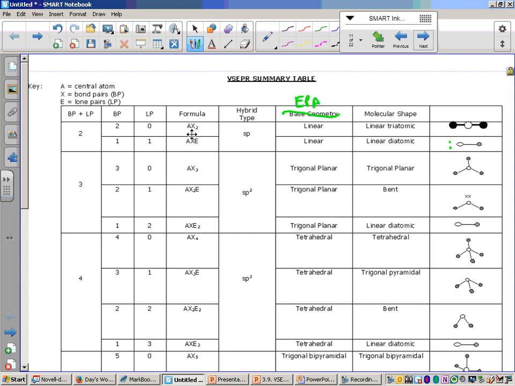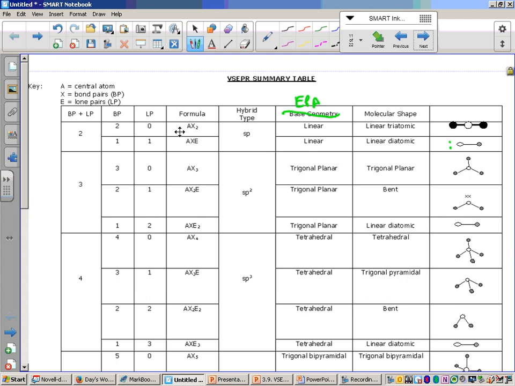Let's just go back for a moment here and take a look at this formula notation. This describes a general formula. Notice here A represents the central atom, X represents a bond pair, so like atom X, and then E represents an electron pair, the electrons.